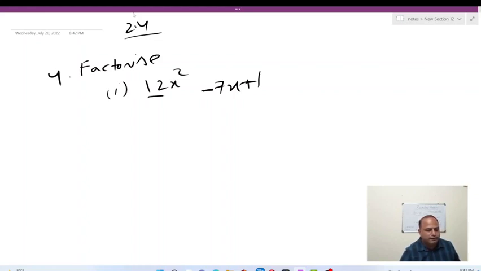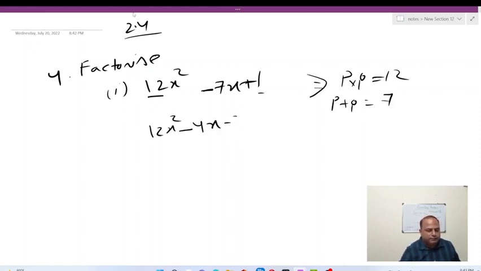So what should we get as the product? P into Q should be giving you 12 and P plus Q should give you 7. Okay. So you see here, 12x squared minus 4x minus 3x, 7x can be written, and minus 4 into minus 3 is 12. Okay. So, sorry, this is minus here. Plus 1. Fine. So now you take 4x common. What you get? 3x minus 1.